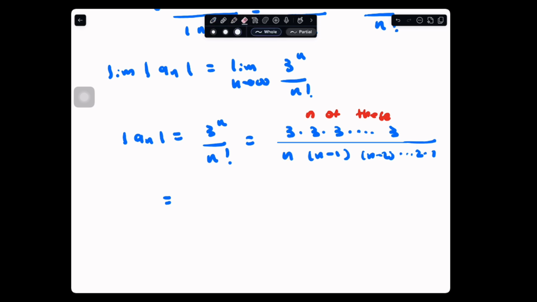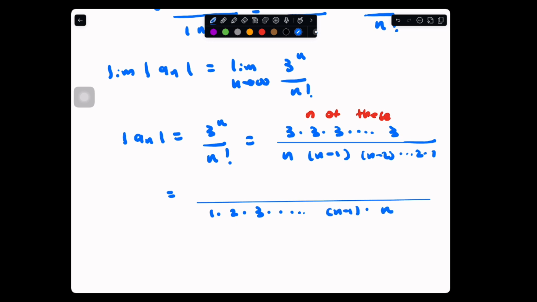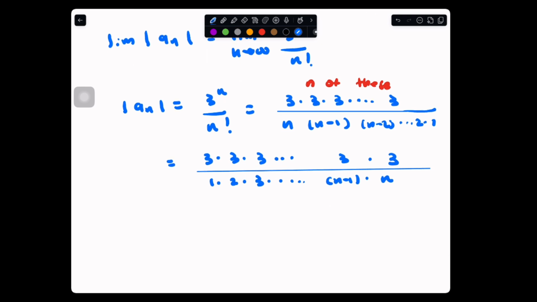I'm going to look at the details this way. Let me change the terms and put it this way: 1 times 2 times 3 all the way up to n minus 1 times n. And every one of these numerators here is really 3. So I'm just writing my factorial backwards.